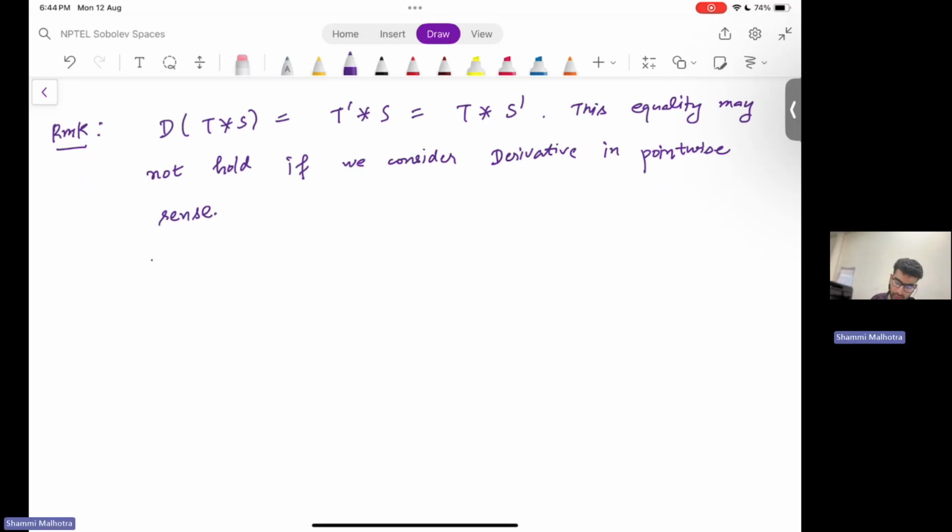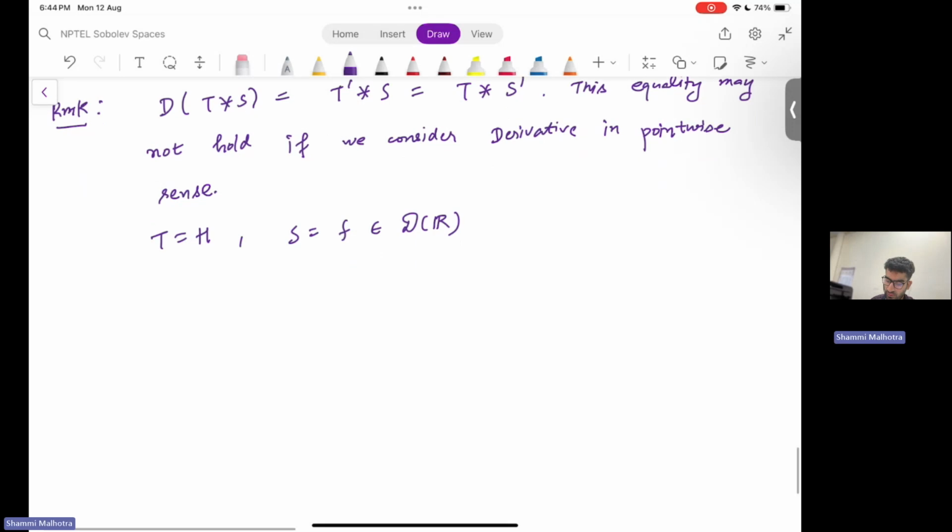So if we take T to be the Heaviside function, and f to be some distribution generated by f, which is in D of R, so it's some C infinity function with compact support.